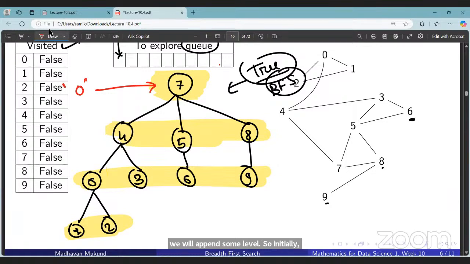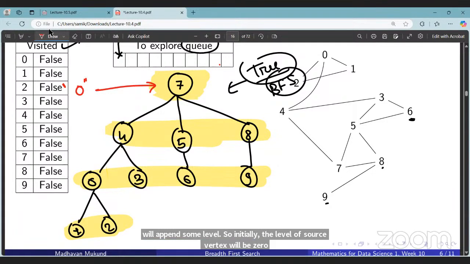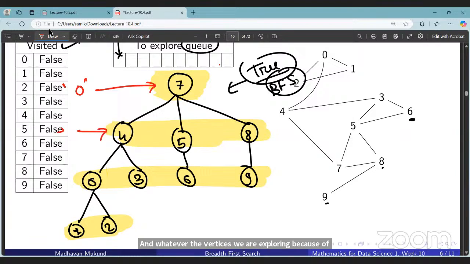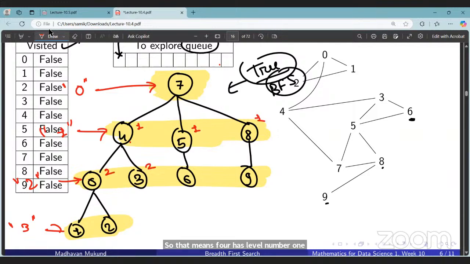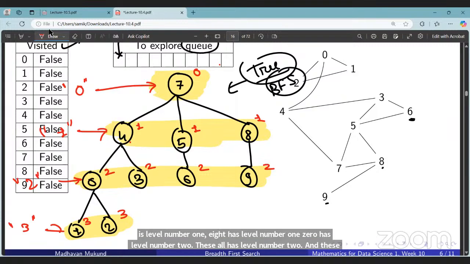The vertices we explore because of the source vertex will get level number 1, their neighbors will get level number 2, and those neighbors will get level number 3. So these are the levels associated with each vertex. That means 4, 5, and 8 have level number 1, 0 and 3 have level number 2, and these have level number 3. And the source starts with level number 0.